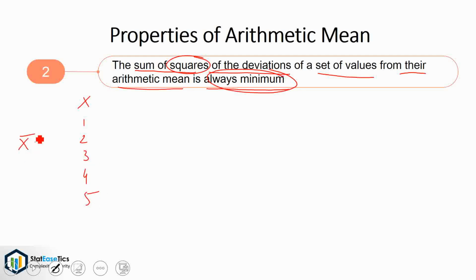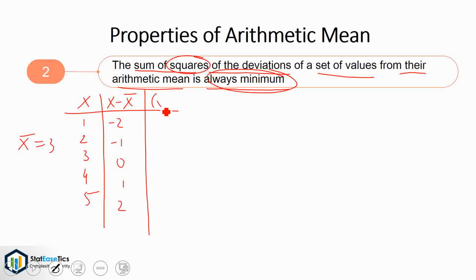So mean is equal to 3 and deviation of each observation from the mean will be minus 2, minus 1, 0, 1 and 2 respectively, and the square of it will be minus 2 square, that is 4, 1, 0, 1 and 4 respectively. So the sum of square of deviation of each observation from the mean is equal to 4 plus 1 plus 0 plus 1 plus 4, that is 10.